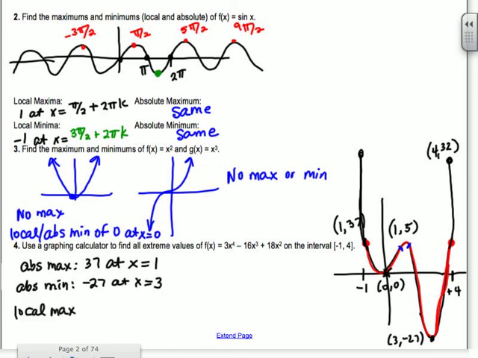So our local max, we would have 37 at x equals -1. Thank you, Allie. We would have 5 at x equals 1. And we'd have 32 at x equals 4.